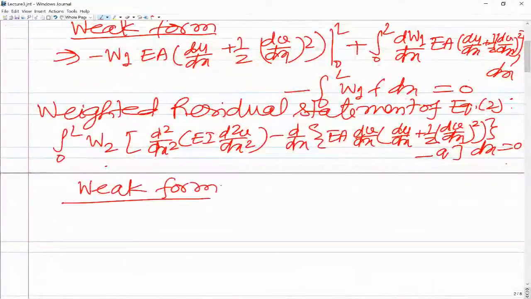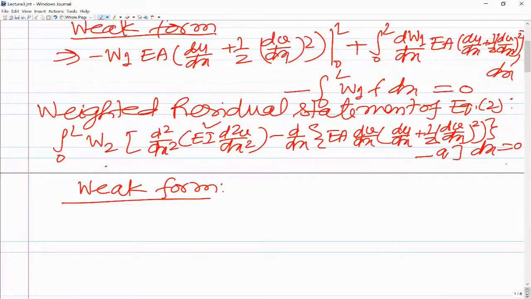So in this case, if you look at the first term, the highest order derivative of v is the fourth derivative. So we need to do the integration by parts twice to distribute the derivatives between w2 and v equally.